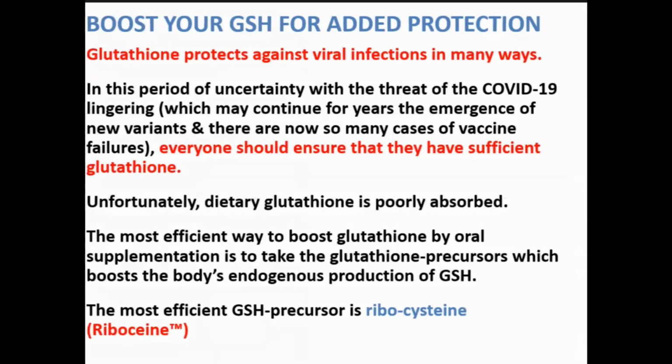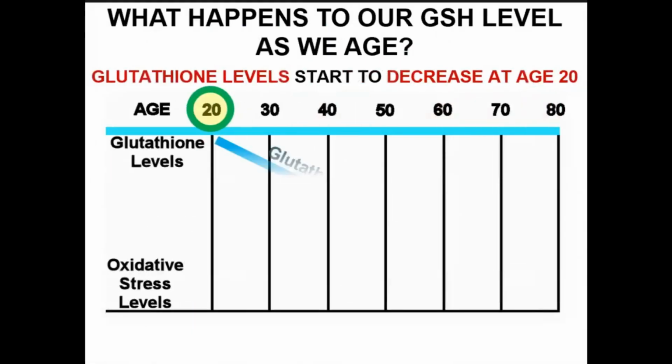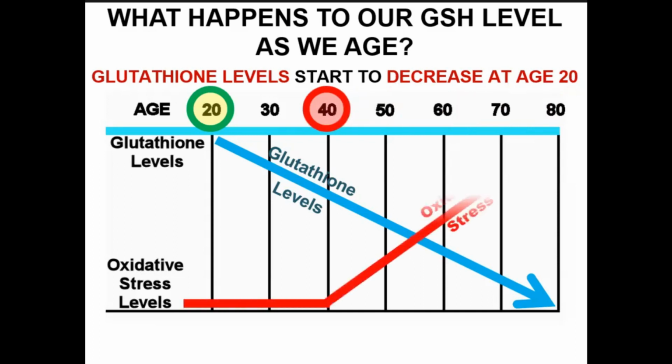Okay, so why should we really be concerned? It is because not only with age are you more predisposed to COVID-19, influenza, and many other viruses, but the decline of glutathione with age also predisposes us to other health problems, because with oxidative stress, other systems, not just the immune system, are affected.